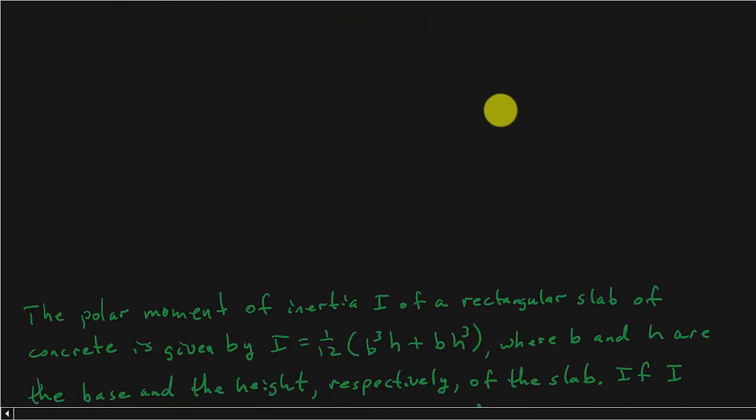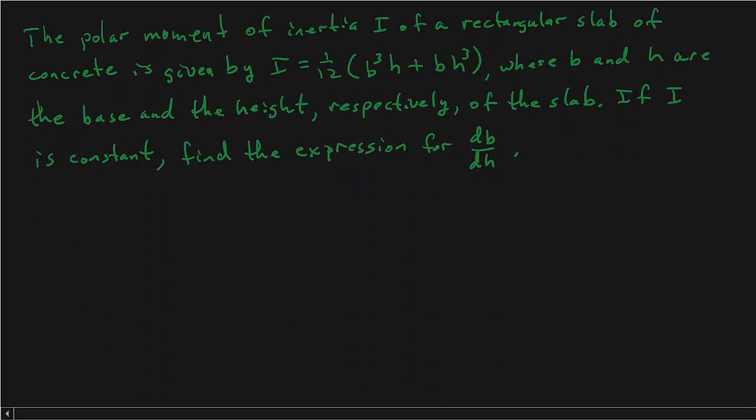All right, so last problem. Let's look at this one. It says the polar moment of inertia I of a rectangular slab of concrete is given by I equals 1/12 b cubed h plus bh cubed, where b and h are the base and the height respectively of the slab. If I is constant, so I is a constant term, find the expression for db/dh.